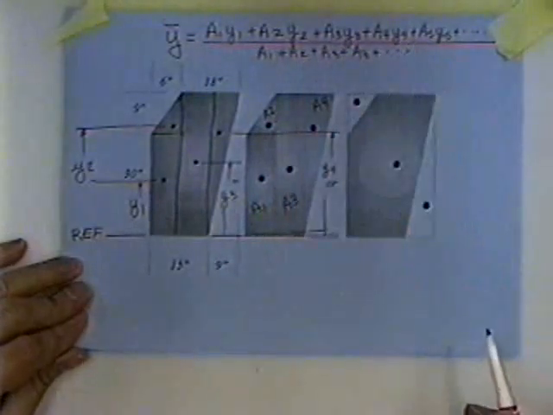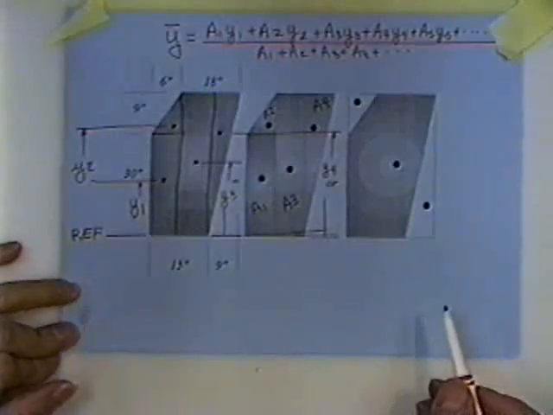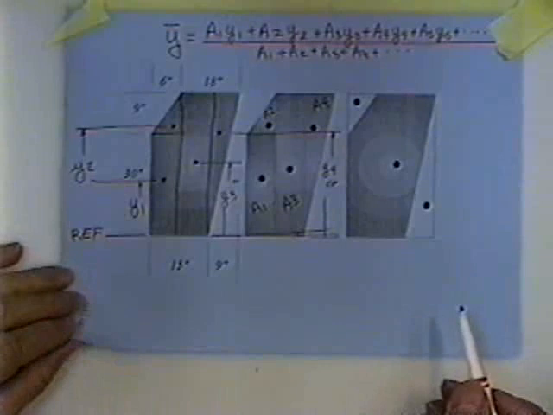You just divide by the sum of the areas, and that'll tell you the location of the centroid of the entire piece.